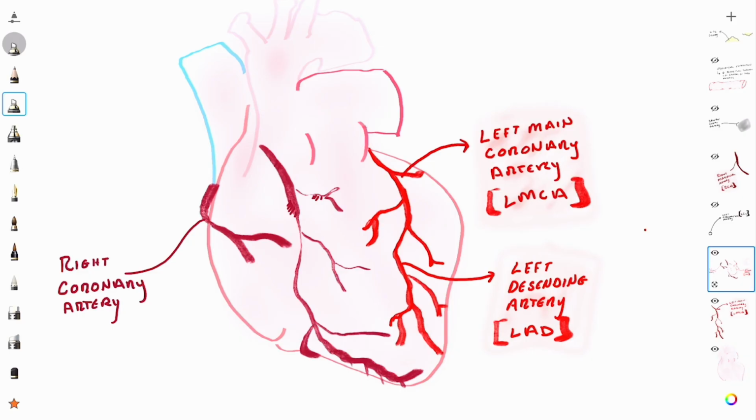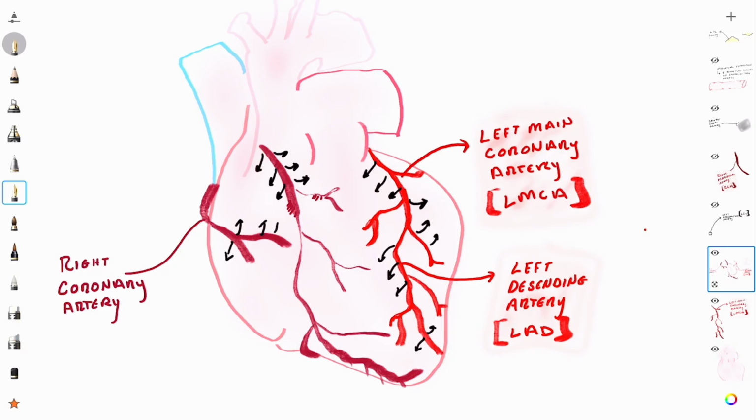And what they're doing is they are essentially supplying oxygen and nutrients to all of the myocardium, or the heart cells, right? This is where oxygen is going to diffuse. This is where substrates such as glucose, fatty acids, and amino acids are going to get taken up into the cardiomyocytes.